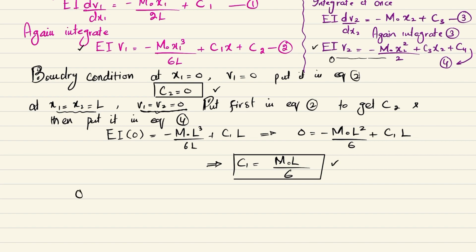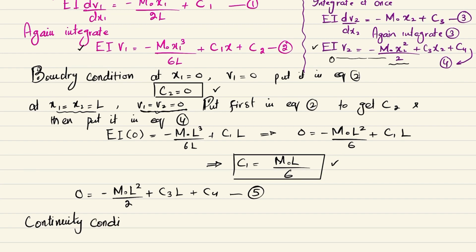So I will write 0 is equal to minus m naught L square over 2 plus C3 into L plus C4. Okay, so this is another equation, and this is equation number 5. Now we will use the fourth boundary condition by using the continuity condition.